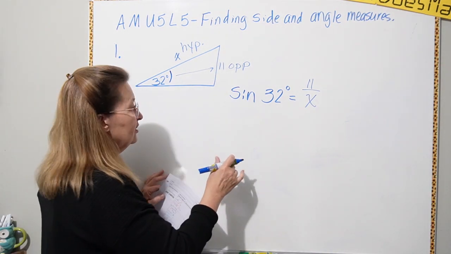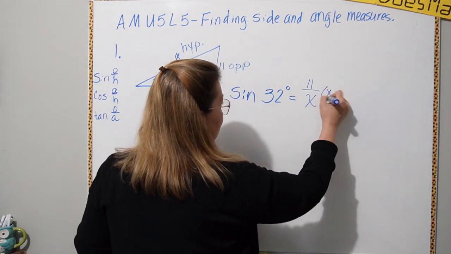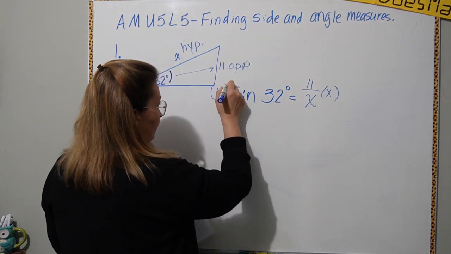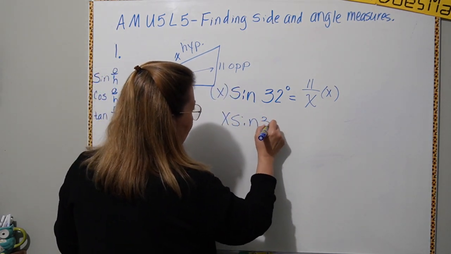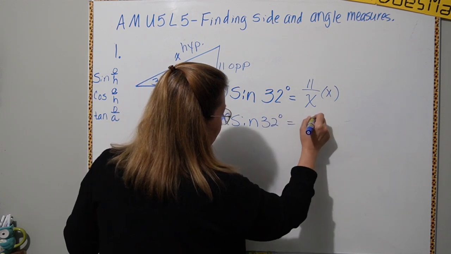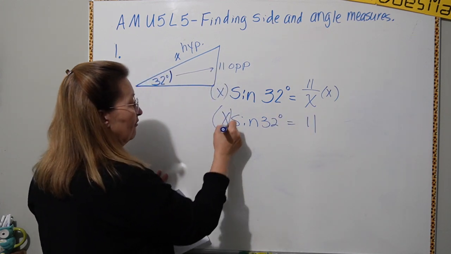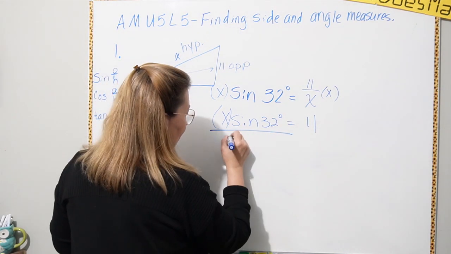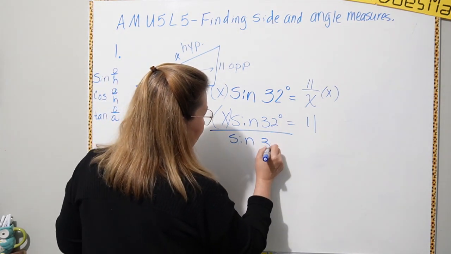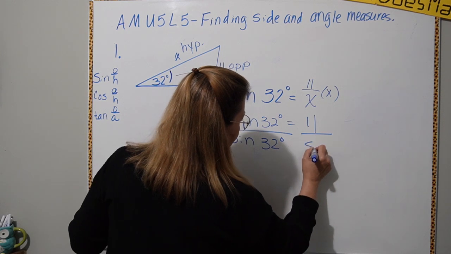The first thing we're going to do is multiply both sides by x. Okay. Now we have x sine 32 is equal to 11. Now I'm still solving for x, so now x is multiplied by sine. Divide both sides by sine 32 degrees.